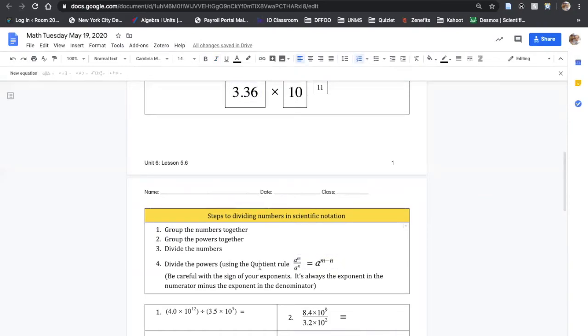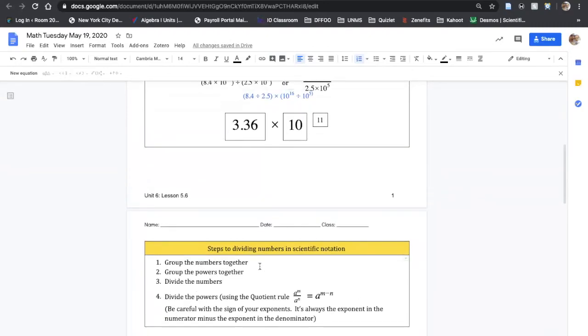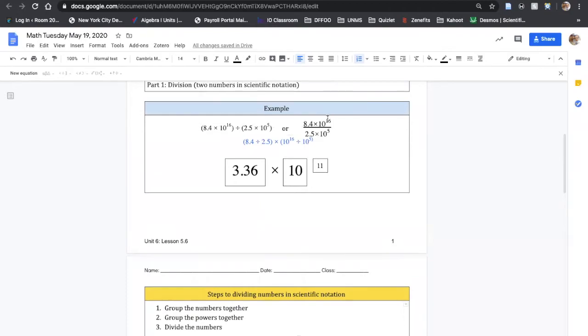The only thing I'm going to say is be careful with the sign of your exponents, right? It's always going to be the numerator, so 16, minus the denominator, 5, right? You may run into some examples where you end up with a negative exponent. If this was reversed, and instead of 10 to the 16th over 10 to the 5th, it was 10 to the 5th over 10 to the 16th, I'm still going to do the top minus the bottom.